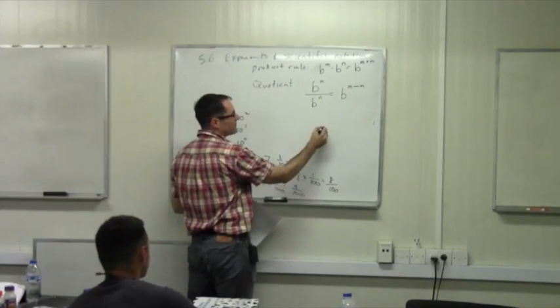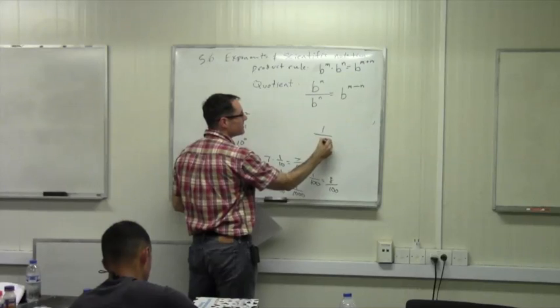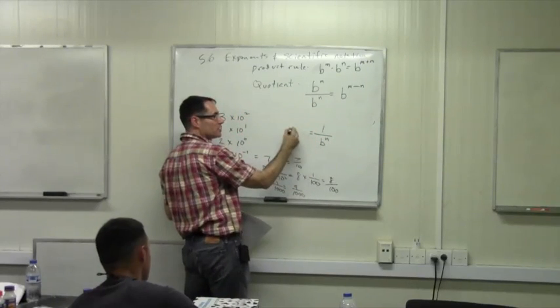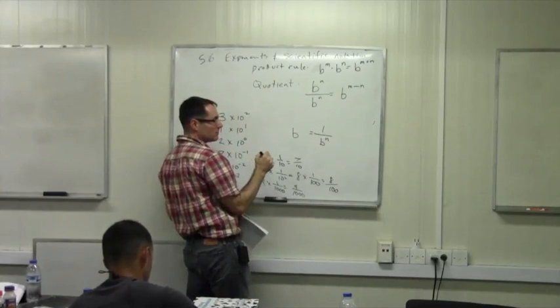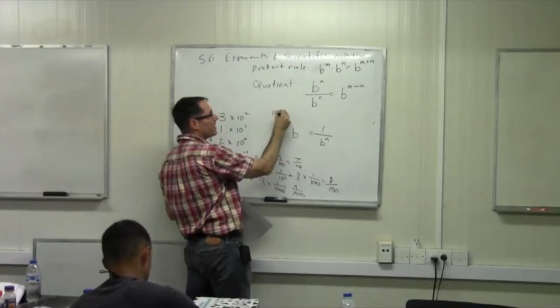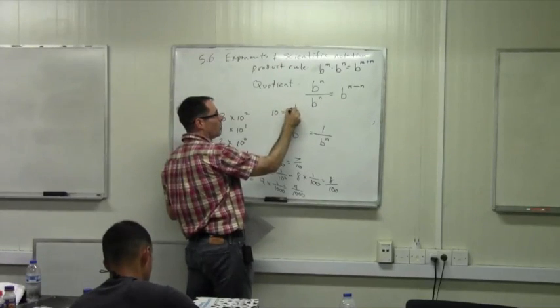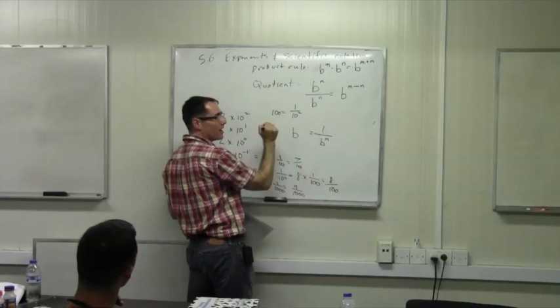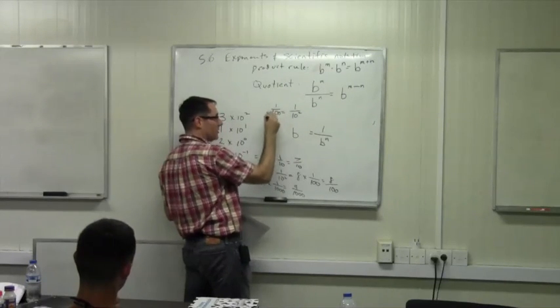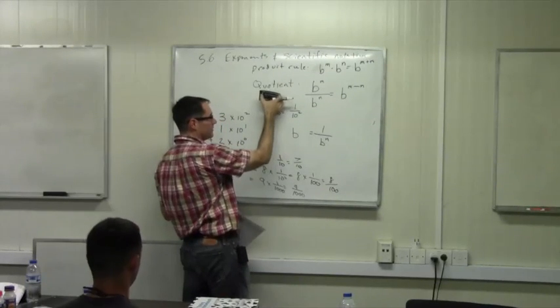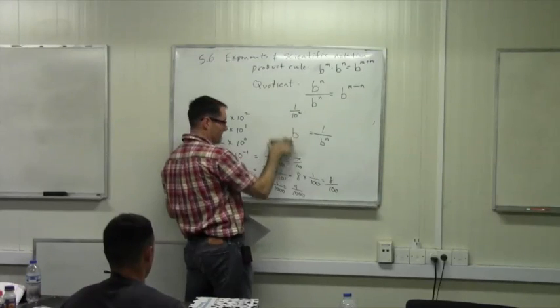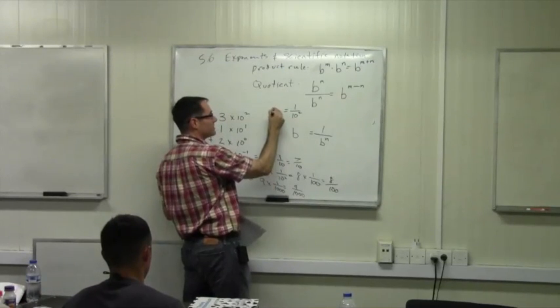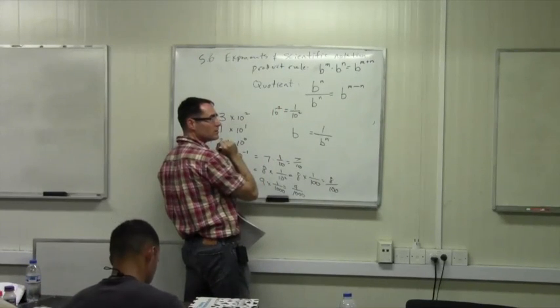We said that 1 over b to the n, remember what that equals in terms of negative exponents? 1/100th is 1 over 10 squared, and that equals 10 to the -2.